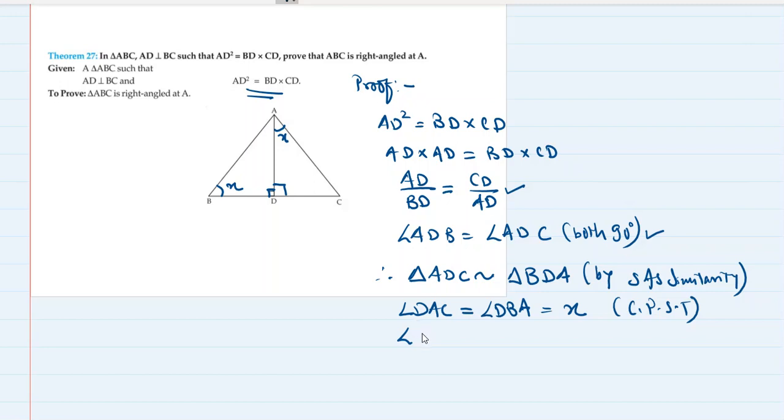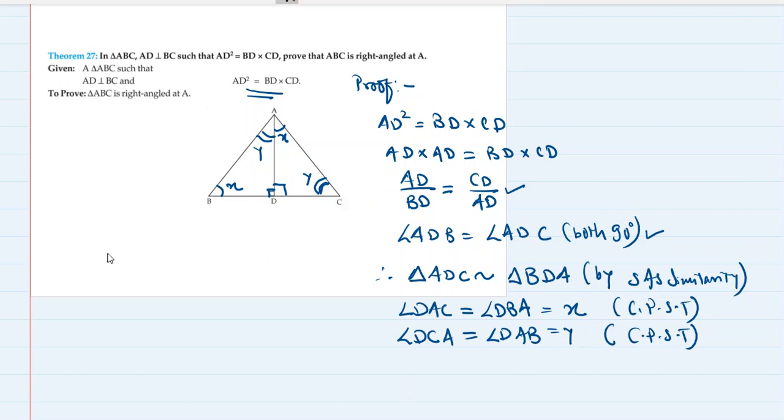Angle DCA is equal to angle DAB, this angle, and both are equal to Y. CPST. Okay.